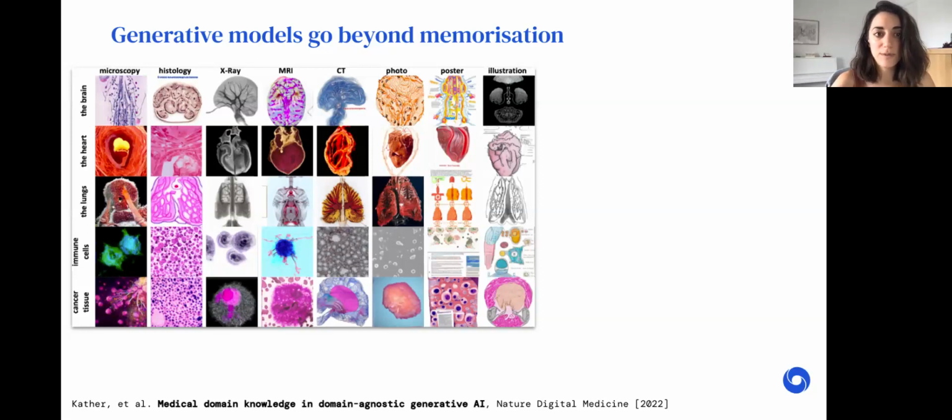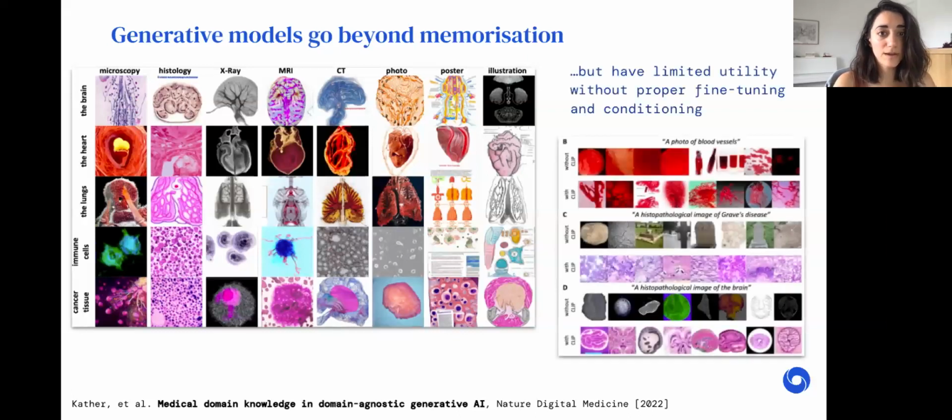GLIDE is a diffusion-based text conditional image synthesis model that was developed by OpenAI. The authors showed that some level of medical knowledge is already captured by these large models, but of course, insufficient for it to be useful in any meaningful task.